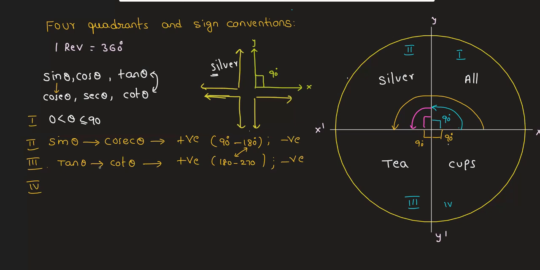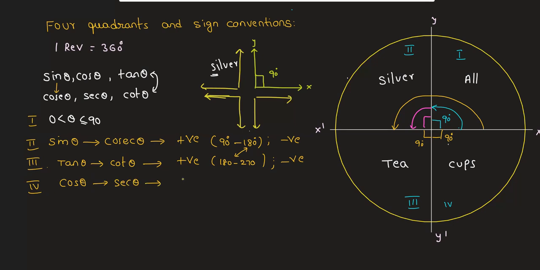Next, we go for the fourth one. It is C in all silver tea cups, the initial letters. C starts with cos theta. Why not cosecant theta? That's already covered with sine theta. So we talk about cos theta and its reciprocal, secant theta.